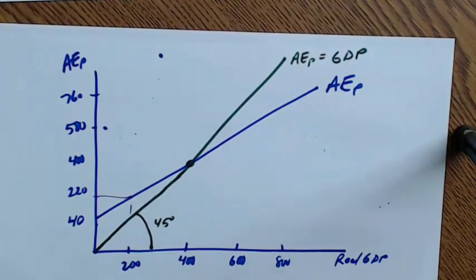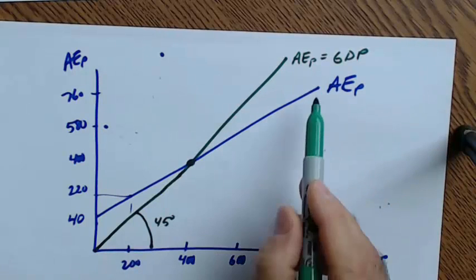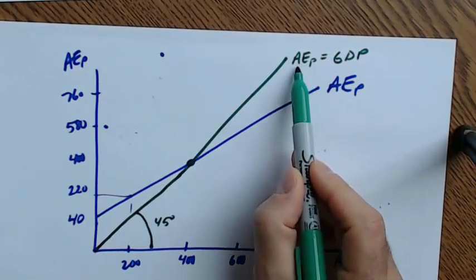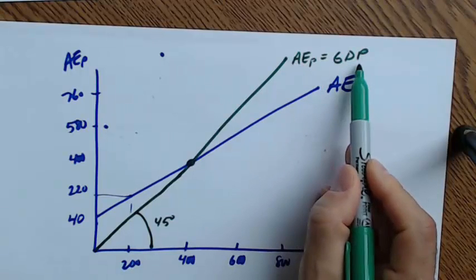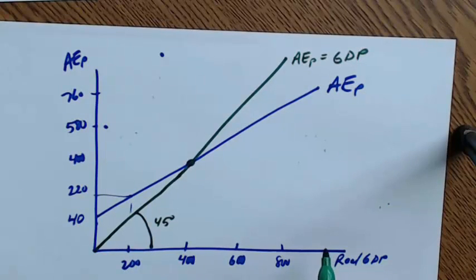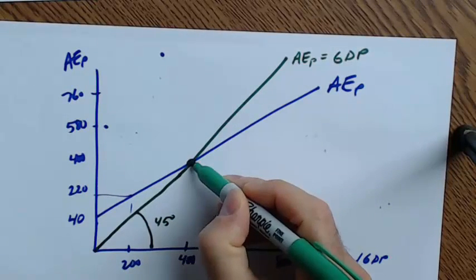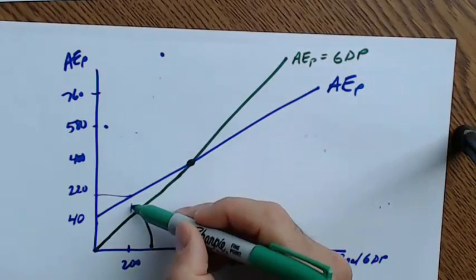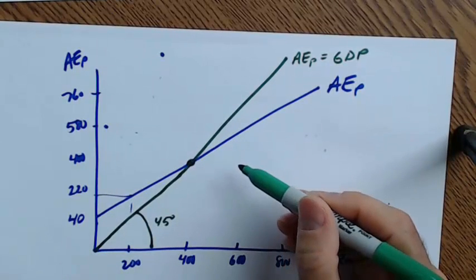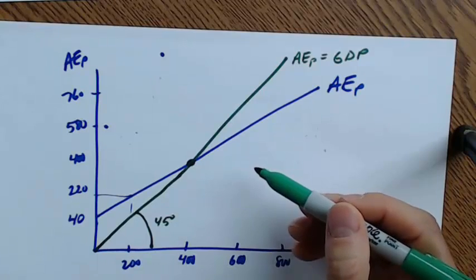Okay. And so that here is an equilibrium. So when what you're spending, what you plan to spend, equals your production, there's no change in inventory, there's no drawdown of inventory, there's no adding of inventory. So the difference between these two lines, and you can't really see it, one's green, one's blue, is the unplanned inventory.